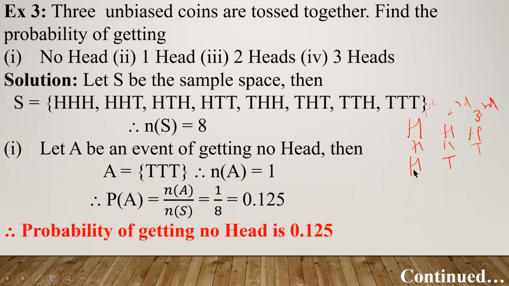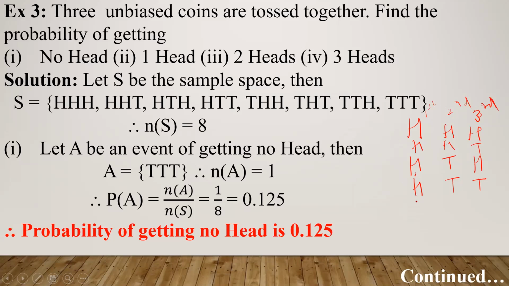Correct? Now, if the first coin is going in head, the second coin is showing tail, then for the third one I have either H or T. These are the only 4 possibilities I will have when first coin is showing head.